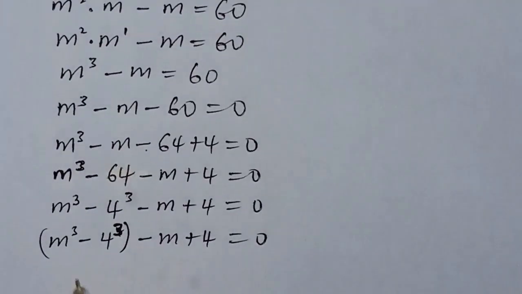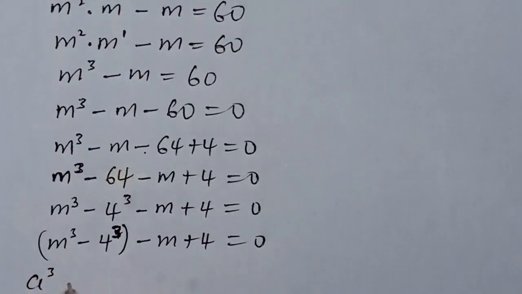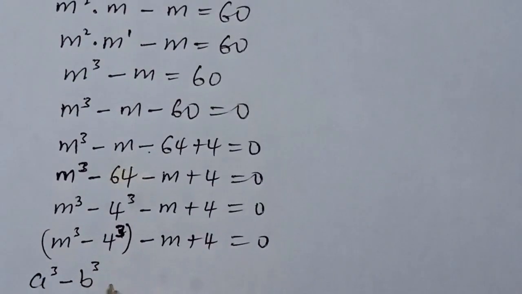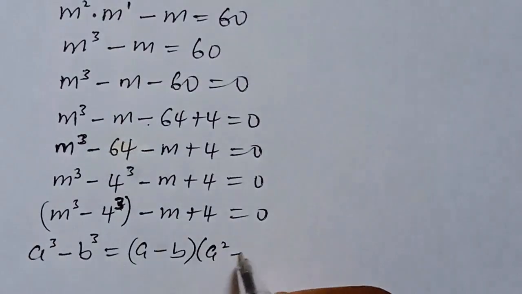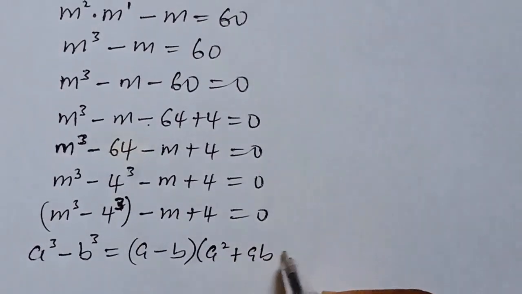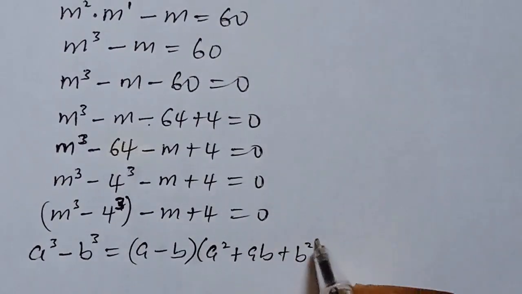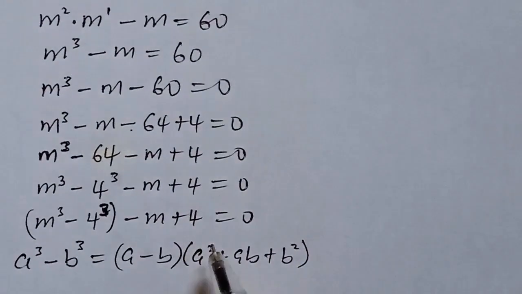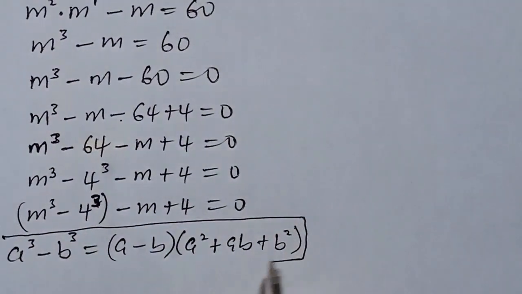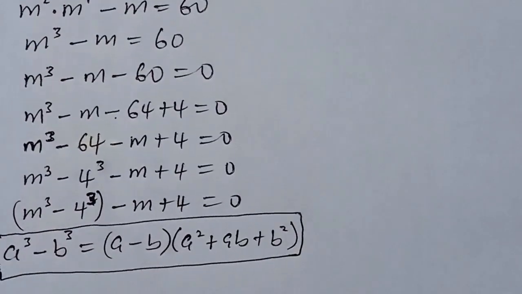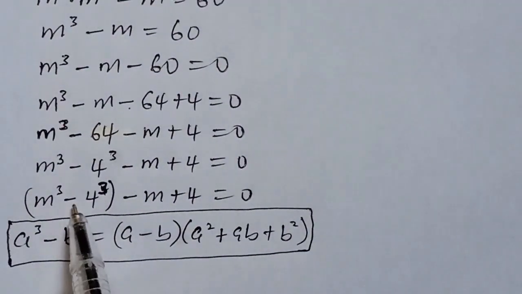So from here we consider this identity: A cubed minus B cubed equals A minus B into bracket, close the bracket, open another bracket, A squared plus AB plus B squared. We use this identity to expand this.